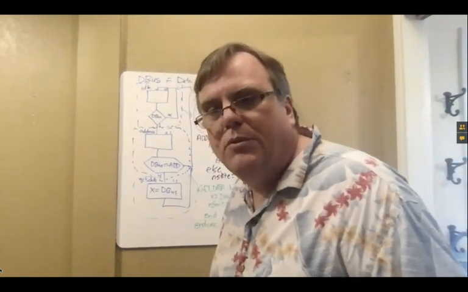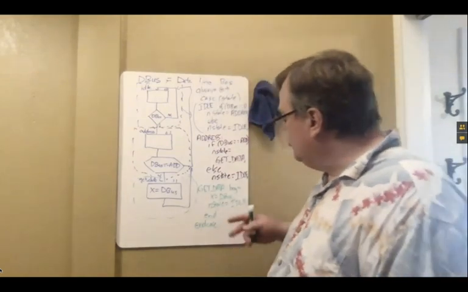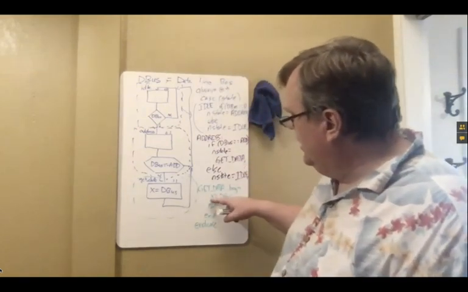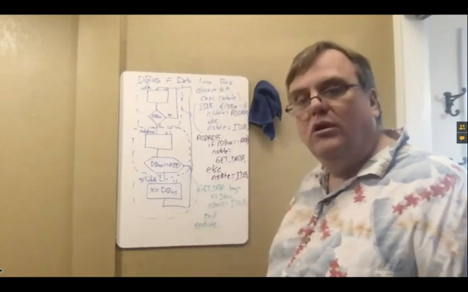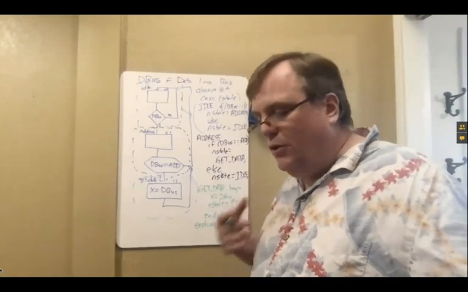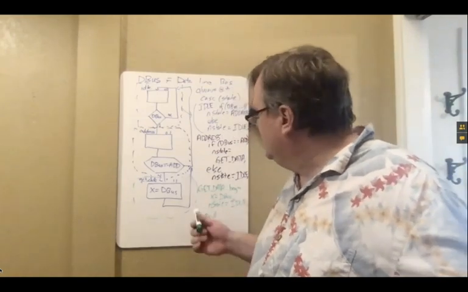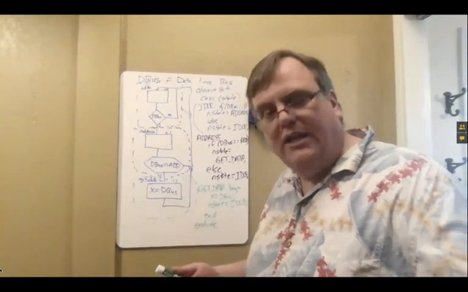Could you please repeat why you put a begin and end on the get data? Yes, because there are two statements in here. X equals data bus, and next state equals idle. So just like in C, if you were writing in C and you were inside an if statement or a switch case, they call them switch cases, not case.